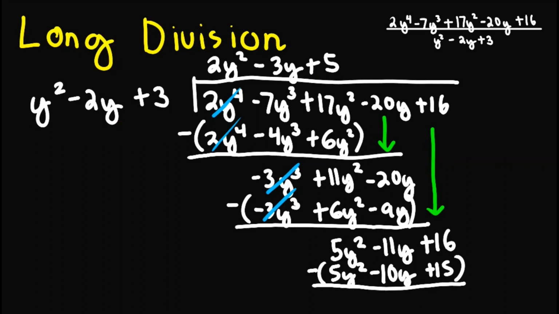Subtracting, 5y squared will cancel out, negative 11y minus negative 10y will give us negative y, and 16 minus 15 will give us 1.